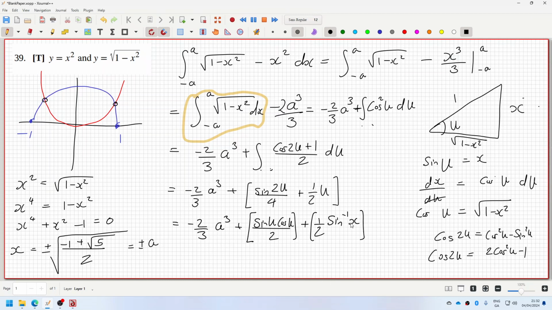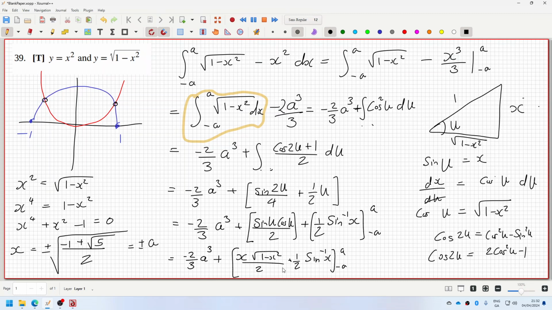This has gone back to x, so that's minus a to a. I need to get this one back to x. Minus 2 over 3a cubed plus sine u, which is x, and cos u, which is root 1 minus x squared, over 2, plus a half sine inverse x, a minus a.